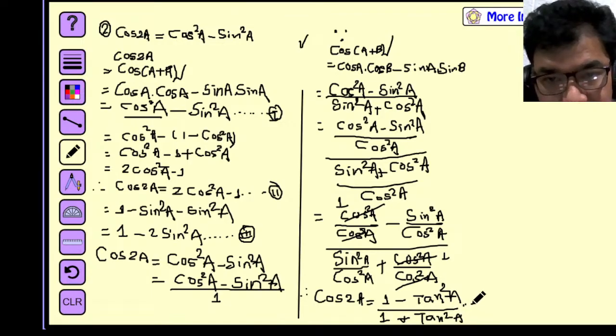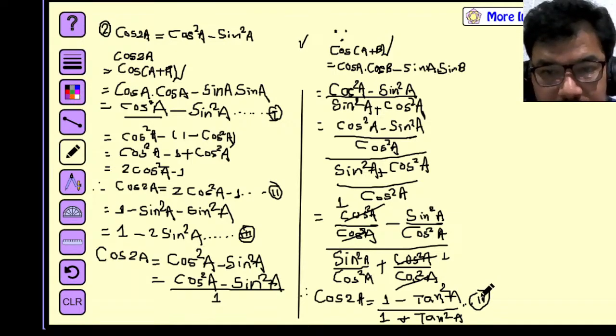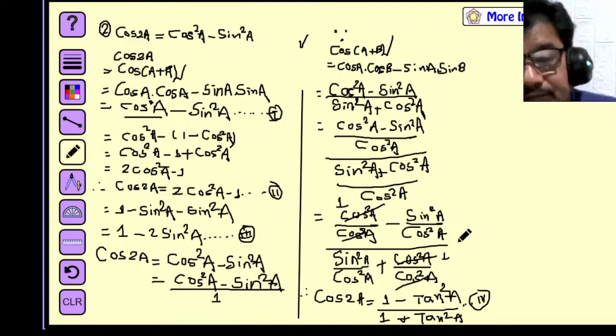This is the another relation that we got here: first here, second here, third here, and this is the fourth one, the fourth relation of cos 2e in terms of tan.